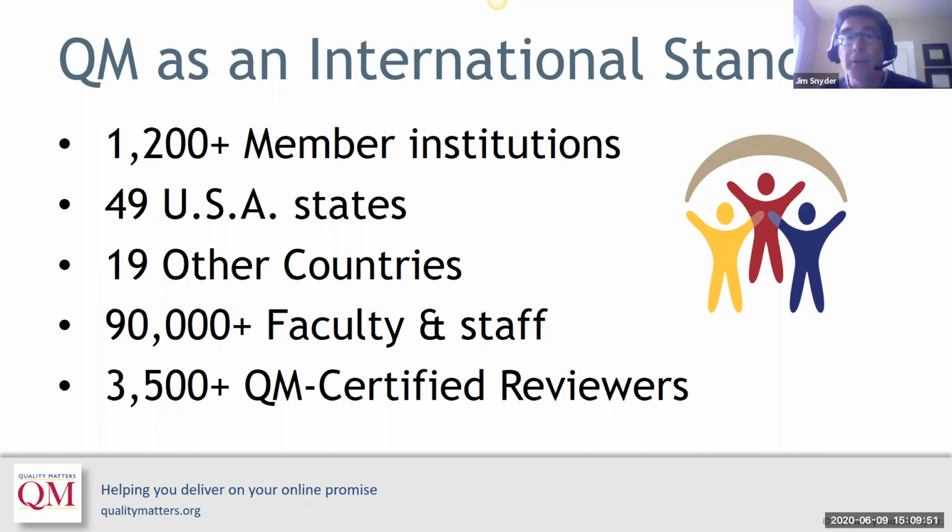We're also in 19 other countries, and since 2006, we have trained over 90,000 faculty and staff who've gone through different professional development offerings that we have. And currently, we have 3,500 QM certified reviewers to go in and review courses, and those are instructors just like yourself who have taken professional development through Quality Matters to become certified reviewers.